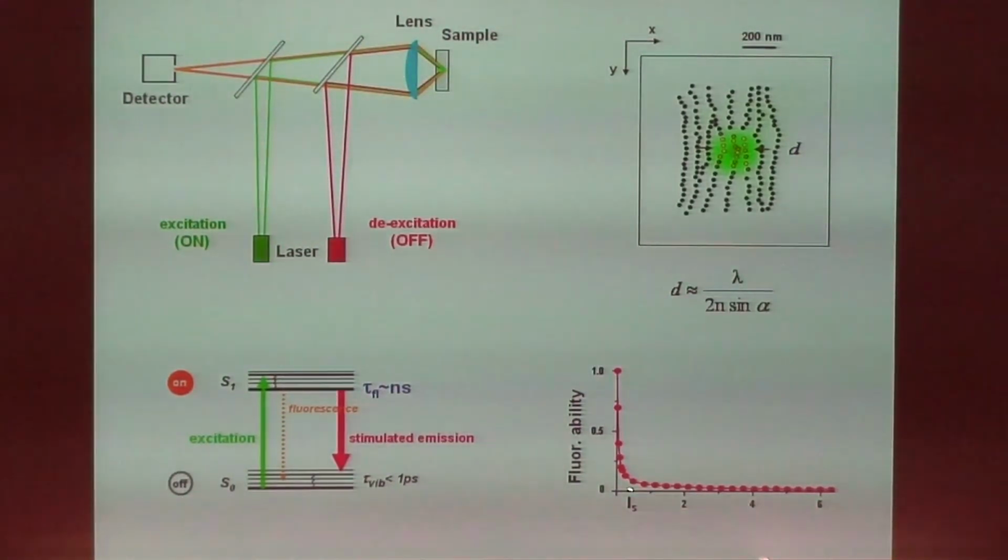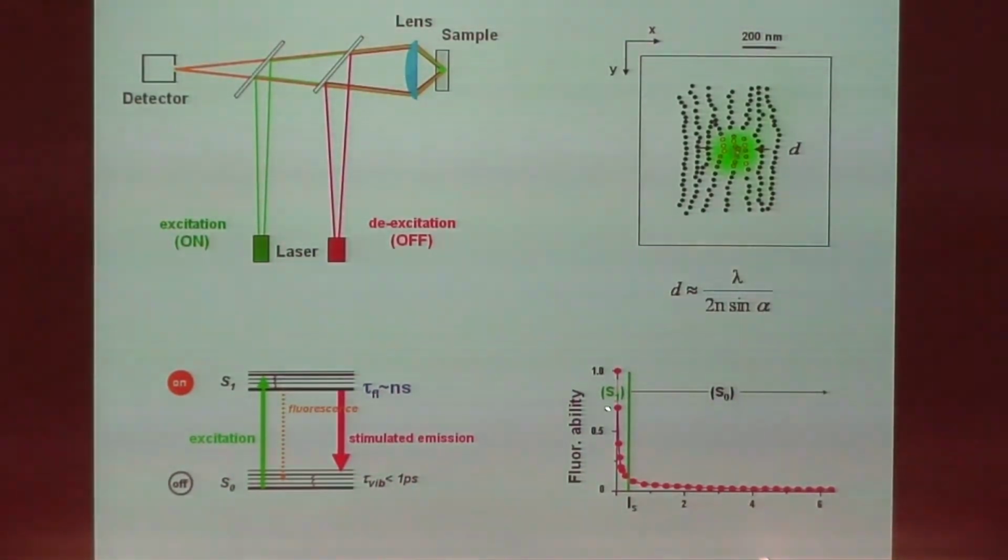But what I'm showing you here is, in order to turn them off, of course, it's clear that your intensity has to have a certain value. If this red beam is very weak, then you will not be able to turn the molecules off, because if it's just, say, one photon every now and then coming, you don't turn it off. But if it has a certain intensity, like this intensity here, you can be sure that you will turn it off.